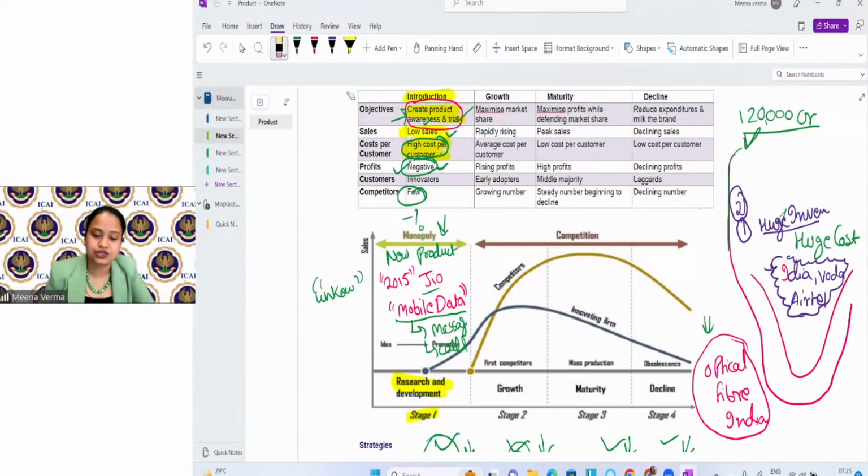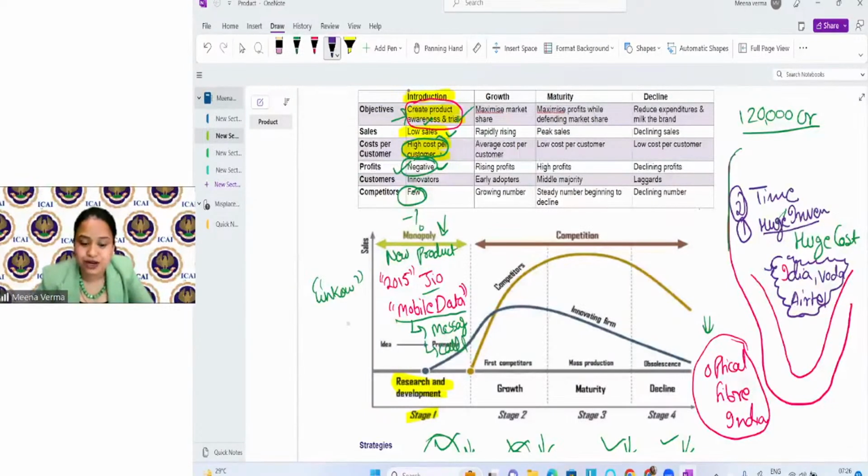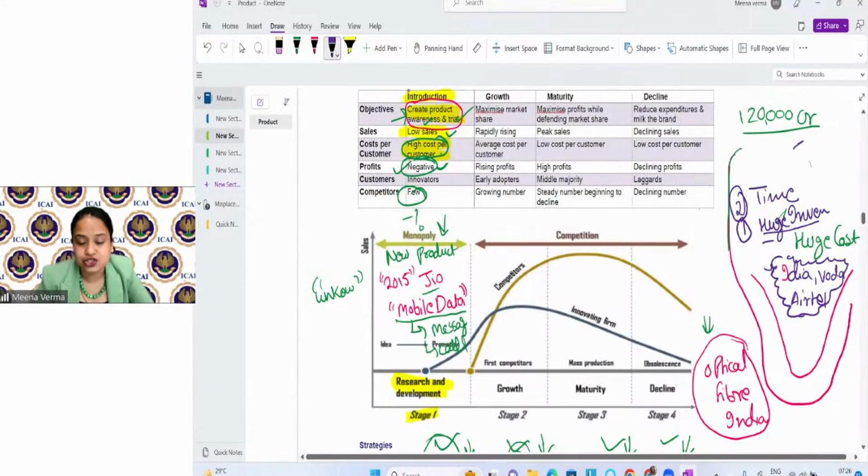This was a very good strategy Jio adopted. So huge investment was required, and time to spread the fiber all across India. They need time and huge investment to do all these things, and Jio had already done all of it.